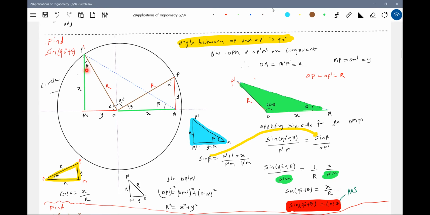I'll come to this triangle, O M dash P dash. But we wanted sine of 90 plus theta equal to x by r, no? So here we'll define this as theta.